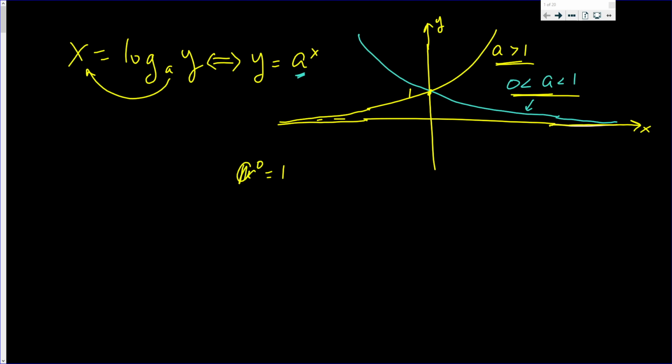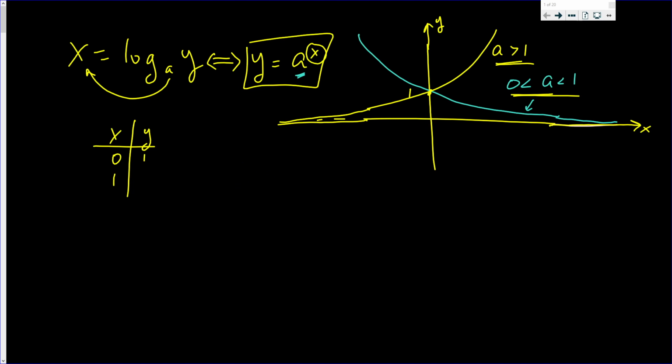Now, what if x is 1? So I claim that you can graph these functions with 2 points. Let the power be 0 and let the power be 1. If the power is 0, a to the 0 is 1.